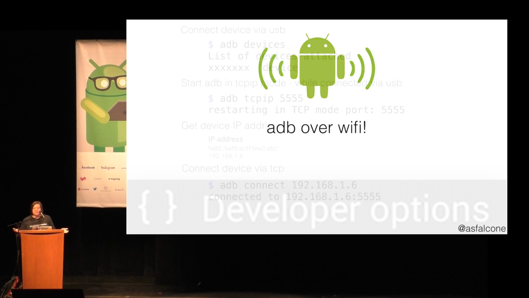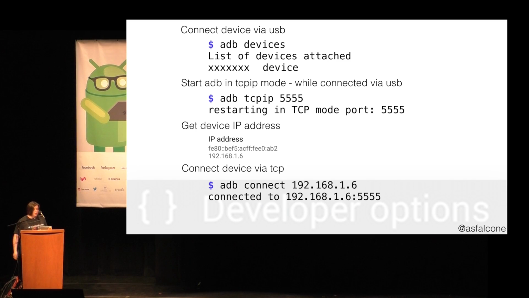So ADB typically operates over USB, as we all know. In order to use ADB over Wi-Fi, there's a few steps that you need to take. So first you have to connect your device via USB to initiate the process. A little bit of a bummer, but as long as both the device and the computer stay connected to the same network, you'll be able to continue debugging from that device no matter where it is, as long as it's on the network.